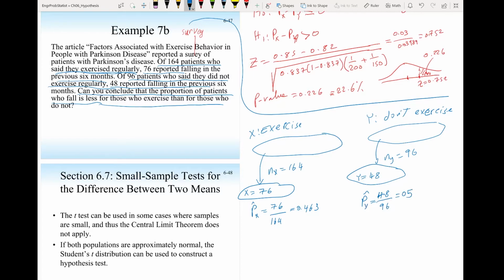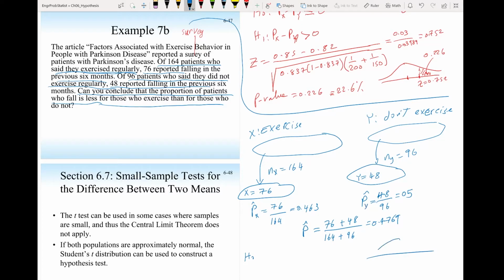Before we make the null hypothesis, let's just calculate the pooled proportion. So this is X plus Y, patient falling from 2 population, divided by the total sample, NX 164 plus NY 96. So this is 0.4769.